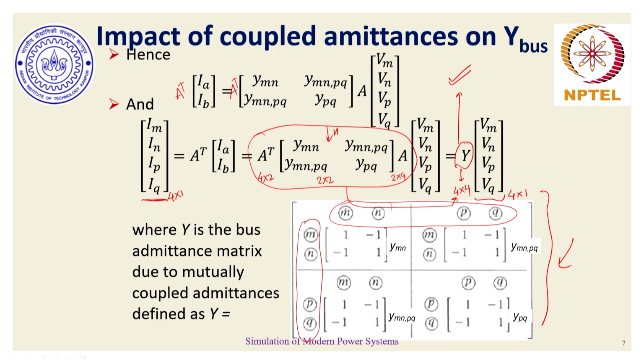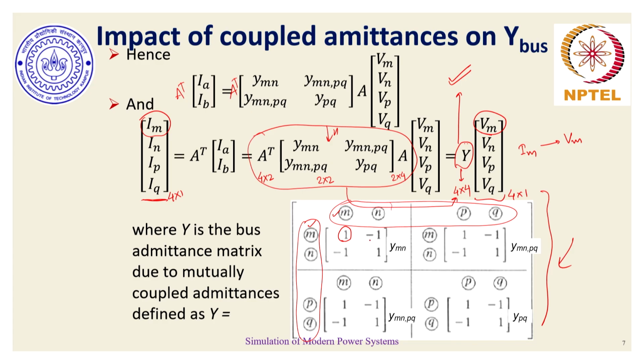Let us see what is the first current that this Y bus is representing and what is the corresponding first voltage being represented by this element. The first element is essentially representing Im in terms of Vm, the first voltage. Since these two, voltage and current, refer to the same bus, we have M and M as the corresponding row and column labels.